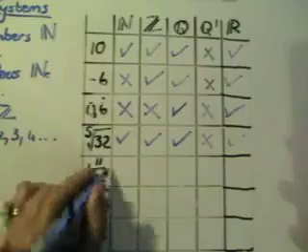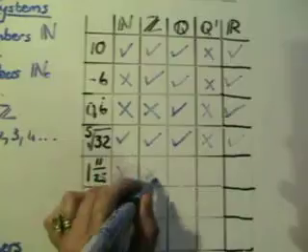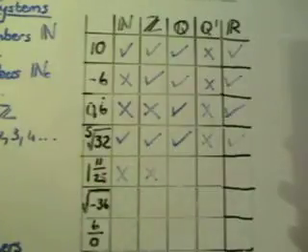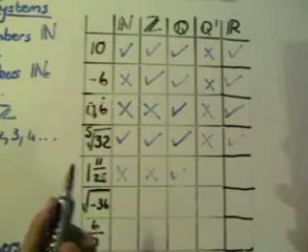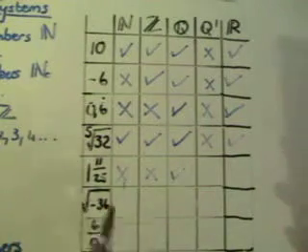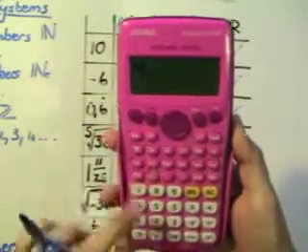Alright, 1 and 11 over 25, this is a fraction, which is definitely not a natural number and an integer. Now, I know per definition that rational numbers are fractions, so this is supposed to be a rational number, but let's just check with the new method also.